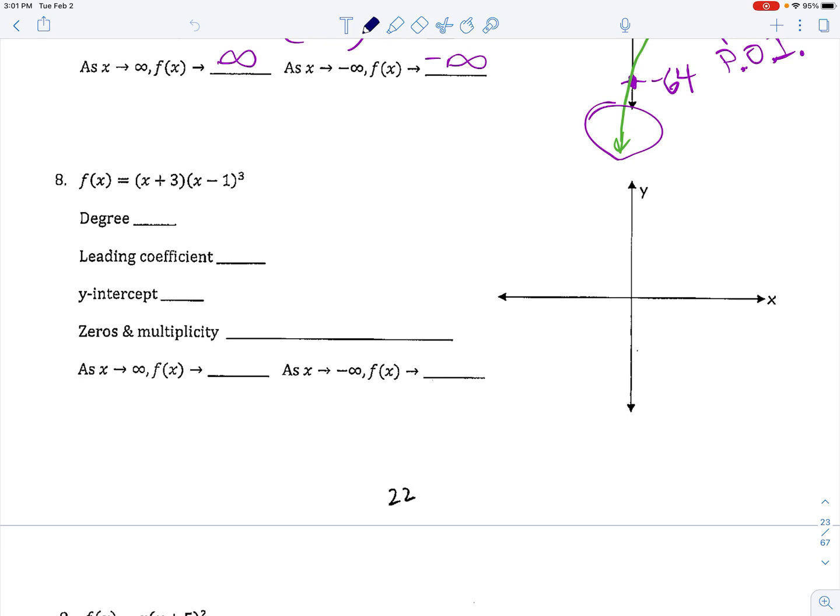x plus 3 multiplied by x minus 1 quantity cubed. Little FYI here, I don't think I mentioned this last time.